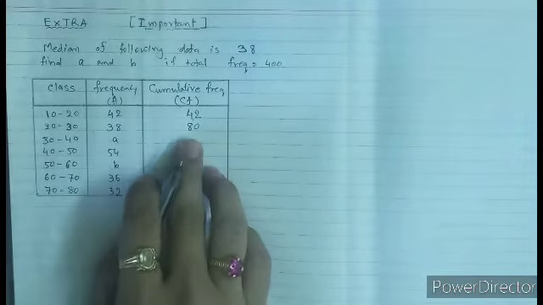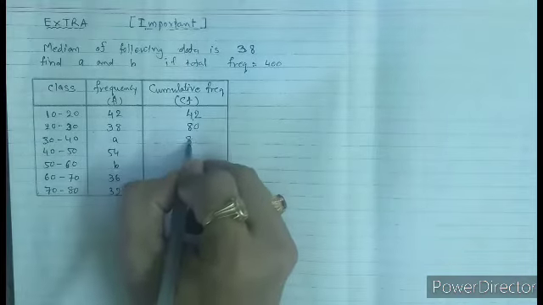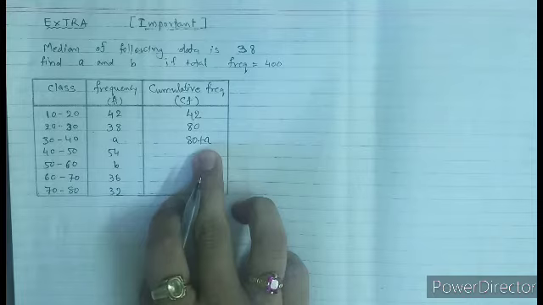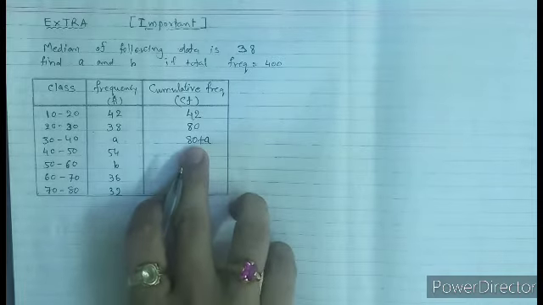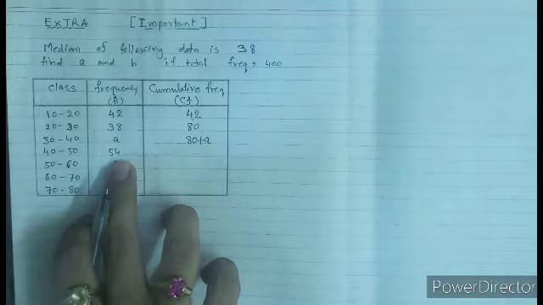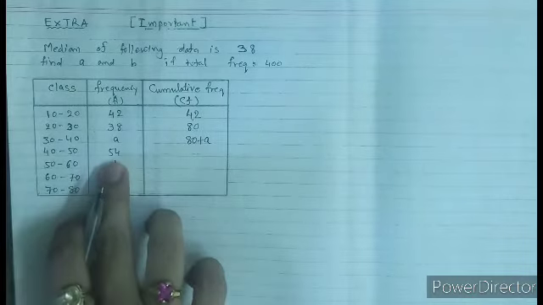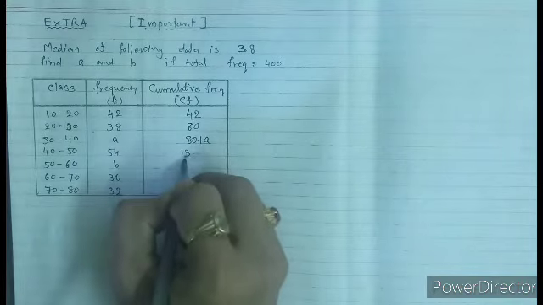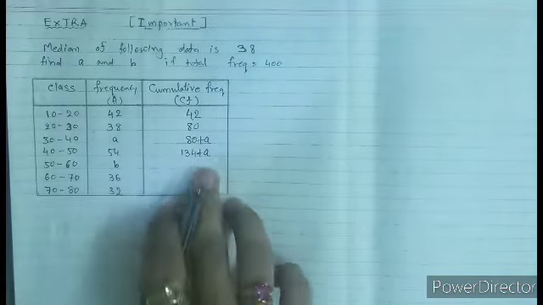Now for the next, 80 plus A, as we don't know the value of A. Now for the next class, it will be 80 plus A plus 54. So we have to add 80 and 54. So 80 plus 54 will be 134 plus A as it is.